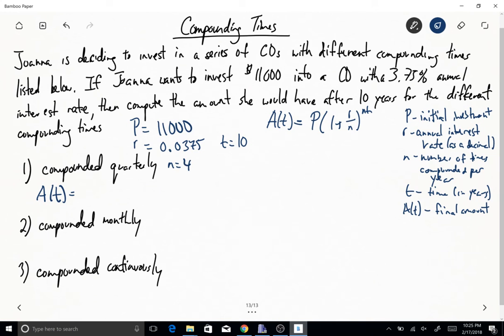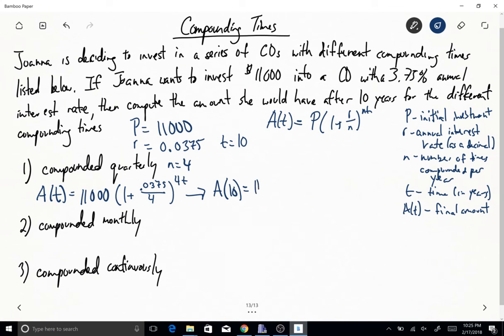Okay, so your general formula without plugging in t is 11,000 times 1 plus 0.0375 all over 4 raised to the 4t. But what we want in particular is A of t, or A of 10.